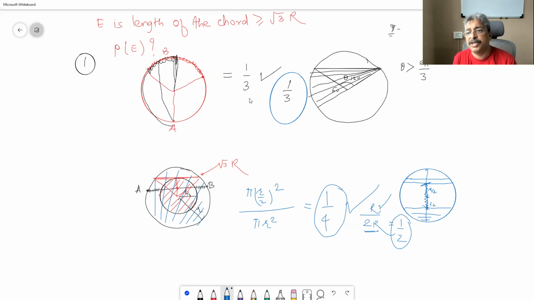That is what we are experiencing right now. So all answers are correct. We cannot say that this answer is correct and that answer is wrong. All answers are correct. This is typically because of the randomness of the experiment that you are defining, and you are dealing with infinitely many favorables and infinitely many totals.